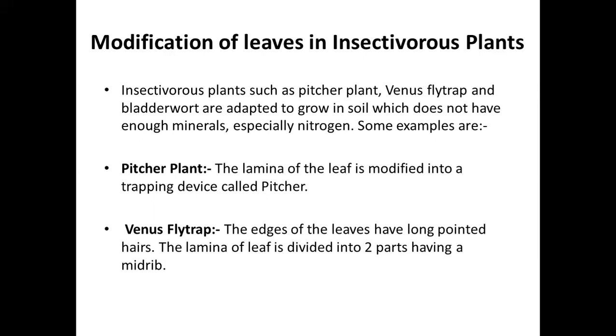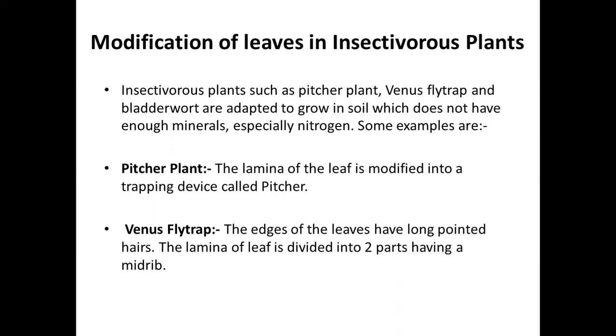So these plants need extra nitrogen. So these plants are feeding on insects for obtaining minerals. For this, the leaves are modified into traps for the insects. So insectivorous plants such as pitcher plant, Venus flytrap, and bladderwort are adapted to grow in soil which does not have enough minerals, especially nitrogen.